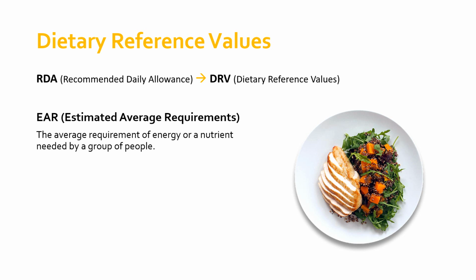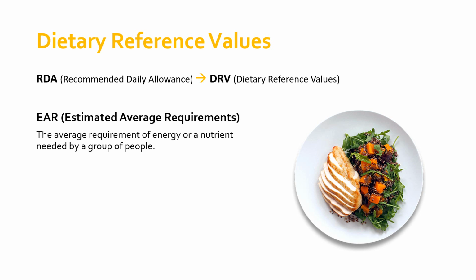But for a group of people, let's say males, or children, or maybe even the entire population, for whatever group we're talking about, the EAR is the average requirement. So specifically the mean requirement of energy or of a nutrient needed by that group of people. So the estimated average requirement.